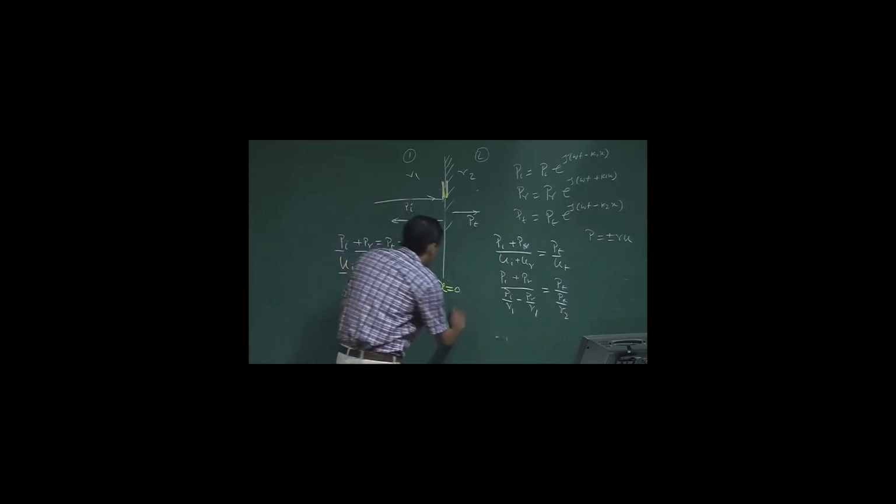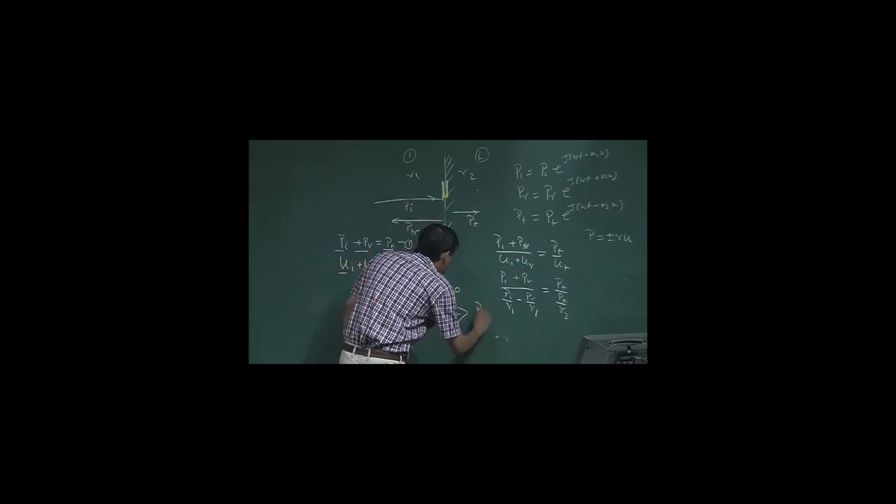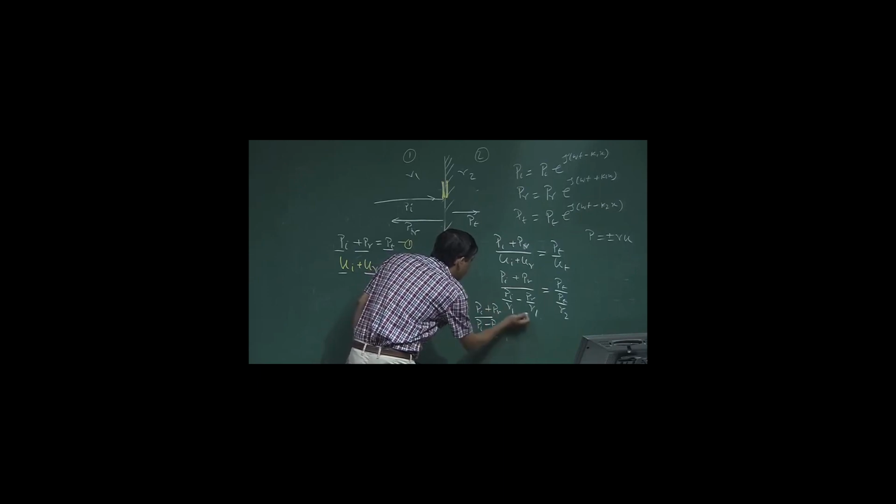Okay. So, I can write from there that Pi minus PR divided by Pi plus PR is equal to PT by, so R1 will be here and it is nothing but R2.